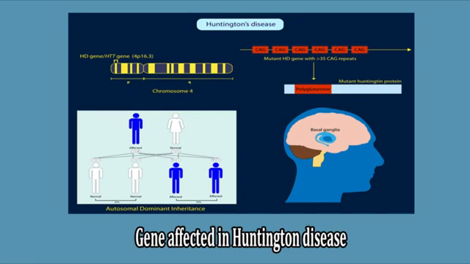This gene is responsible for the production of a protein called huntingtin. This protein plays a role in the nerve cells. The defect in the gene HTT will result in the formation of an abnormal protein which causes Huntington disease. The gene involves a sequence which consists of CAG, cytosine, adenine and guanine, repeats.